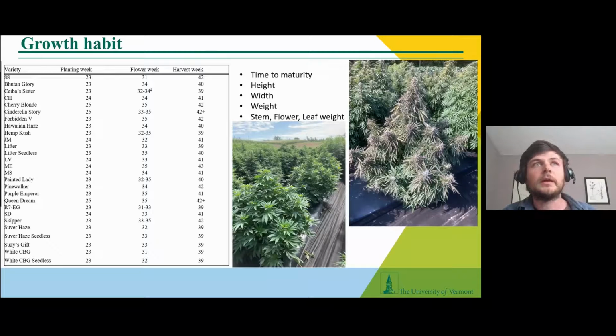And as I mentioned before, we're also growing grain and fiber varieties at the farm. I'm not including any of that information in this presentation, but it's kind of interesting to see flowering dates between some of the male plants within those grain and fiber trials, and differences in the flowering times within our flower variety trials.